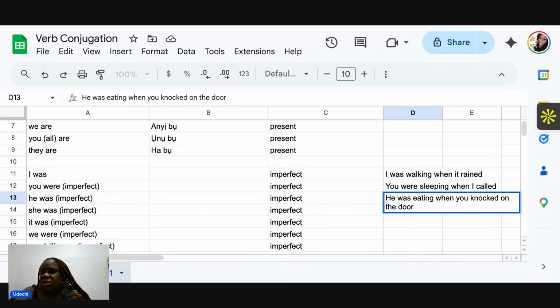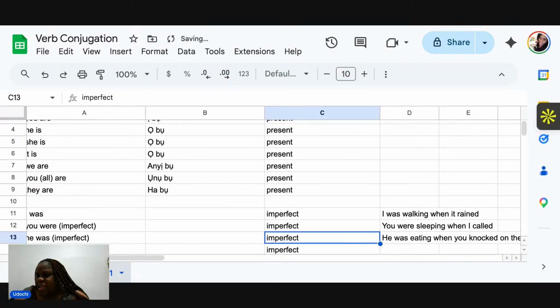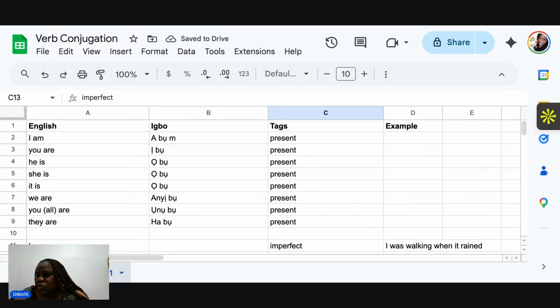Used to is a whole other thing in the Igbo language. So this is saying that imperfect would also be used to, but this is not the way you would say used to. You would say something else to say used to in Igbo. So I'm not going to get into that.